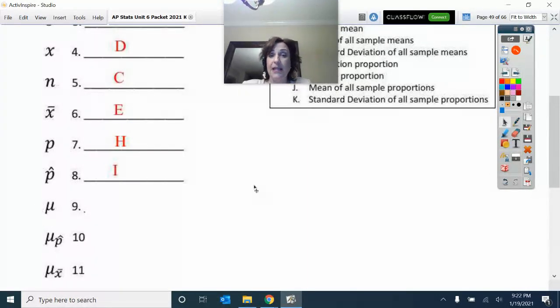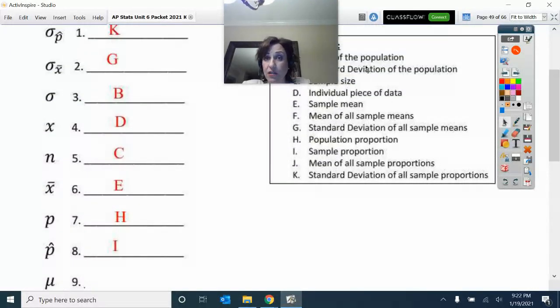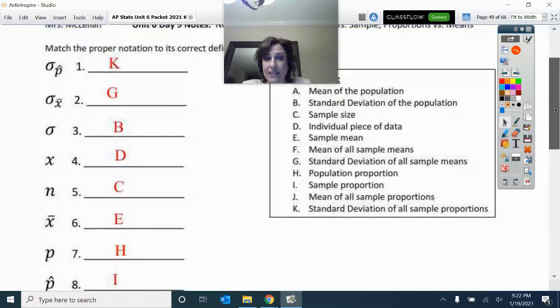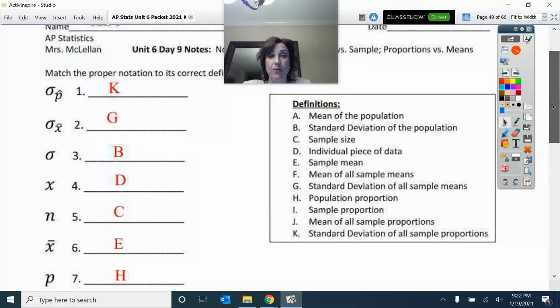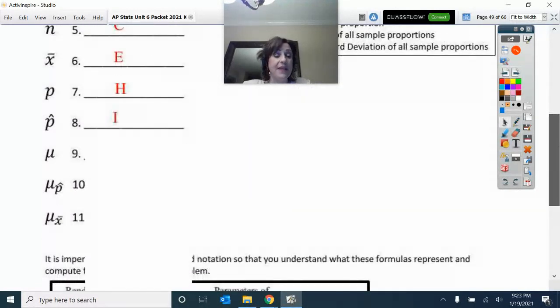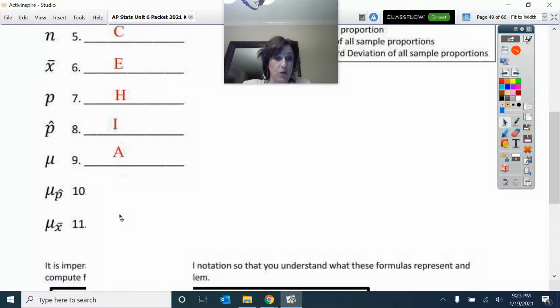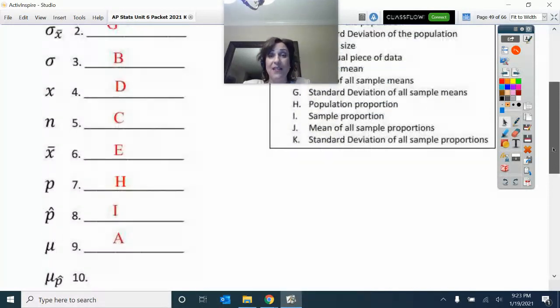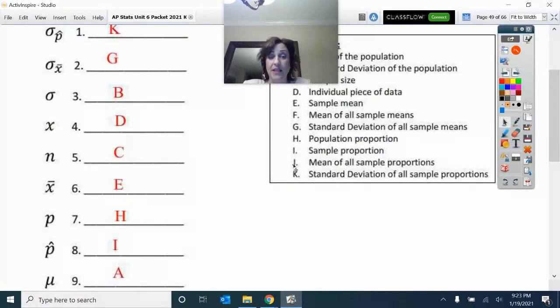This mu is the mean of the whole population. So I think that's A, mean of the population. But then these last two are different. So here's the mean of the p hats. So that's the mean of the sample proportions. That's J. And then the last one was mean of X bars. So that was the mean of all the sample means.